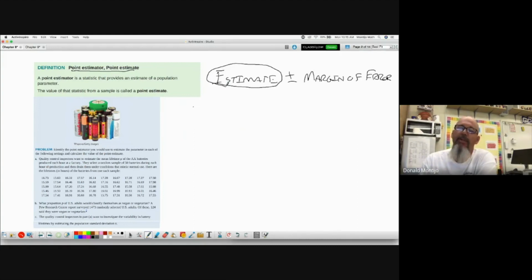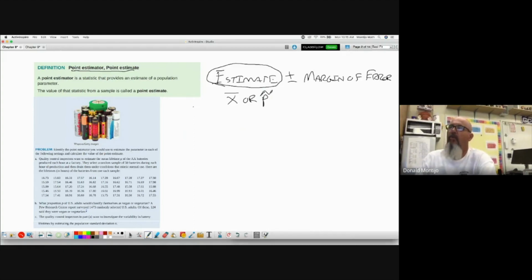Remember, in the previous chapters, we talked about X bar is an estimator of mu. P hat is an estimator of P. We would say that X bar is an unbiased estimator if X bar is truly close to the population parameter mu. Same with P hat and P. So the point estimate, it's either going to be X bar or it's going to be P hat.